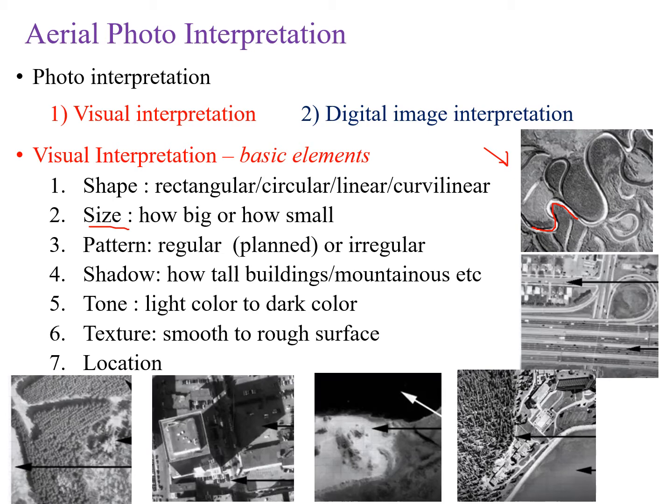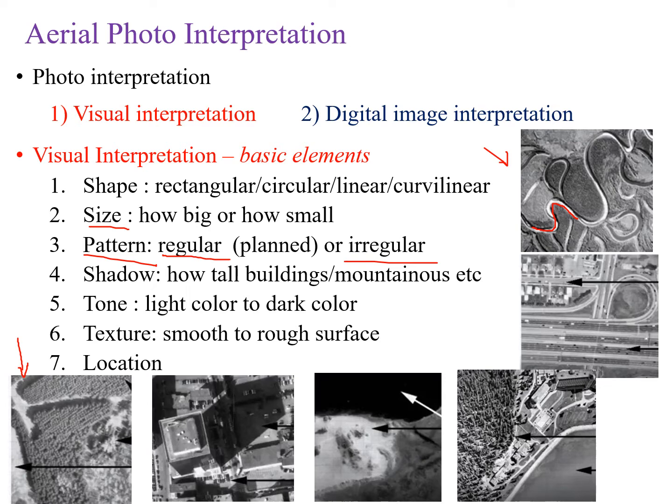The third one is your pattern. In this pattern, basically we call it regular and irregular. Now in this image, you can see any vegetation, if it is well planned, that means we have put this vegetation under cultivation with a uniform spread, and there is some vegetation which is spreading in a very haphazard manner.